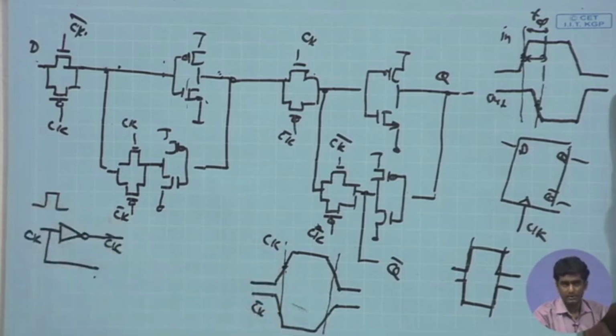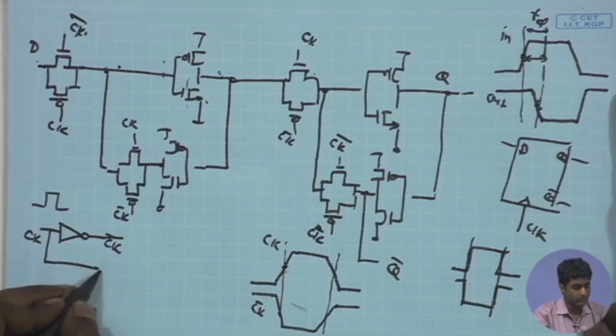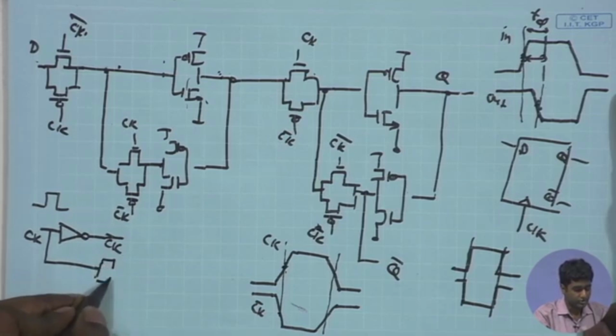In a circuit you may have a digital signal which is single ended, not fully differential, and from there you generate clock and clock bar at different points. In that condition people generally use a combination of TG and an inverter.